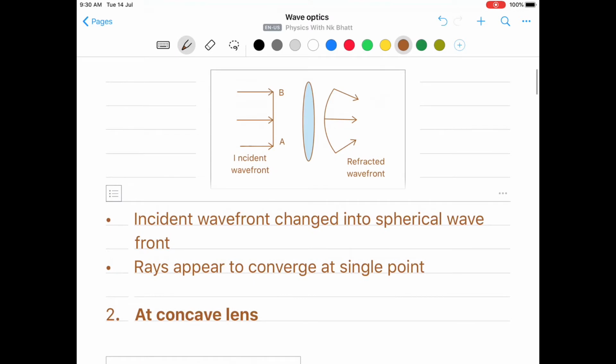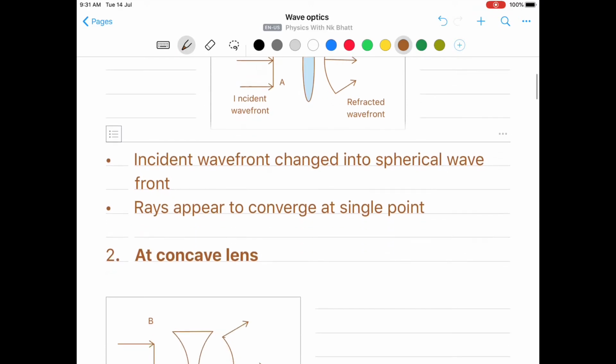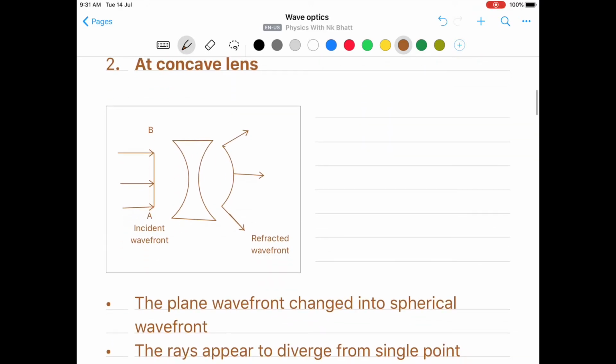You can see all the rays, if you produce them forward, will converge at a single point. So one important aspect you should understand is that the wavefront acquired the shape parallel to the first surface at which it is incident.